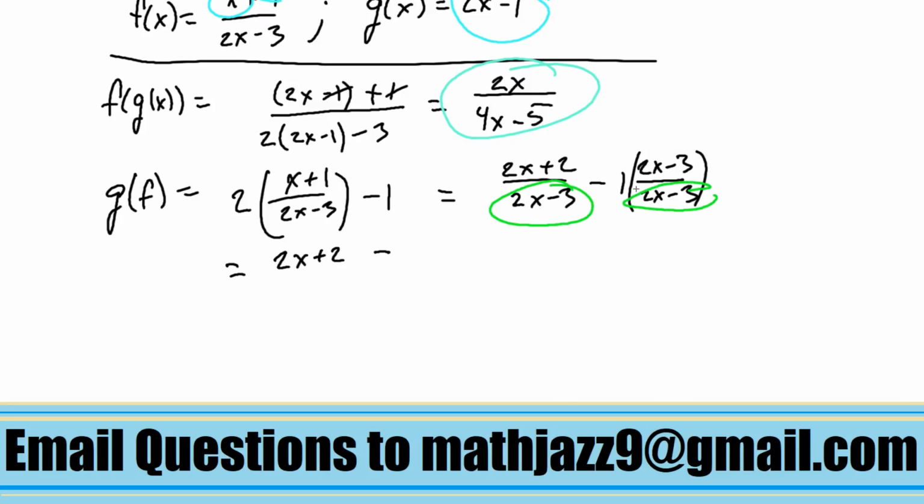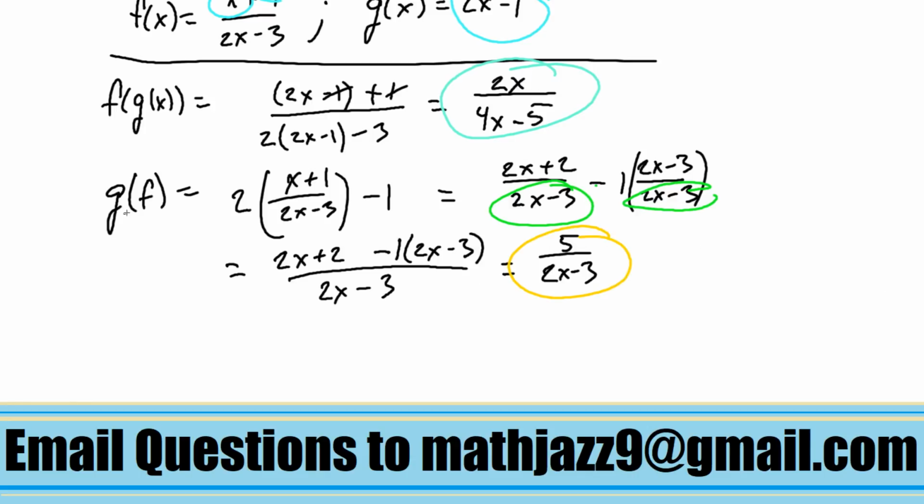We can combine like fractions, so on top we get negative 1 times 2x, and on the bottom our common denominator of 2x minus 3. This simplifies to 2x minus 2x, which is 0x, on the top, and 2 minus negative 3, which is the same as 2 plus 3, is 5. So 5 over 2x minus 3 is g of f of x.